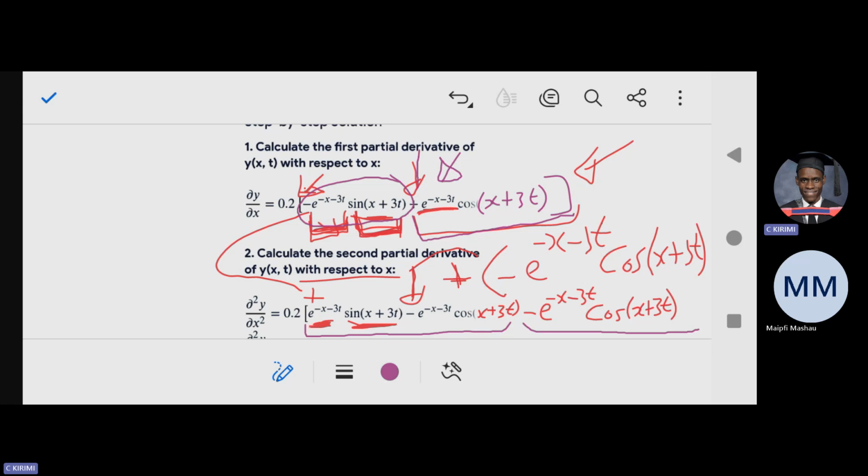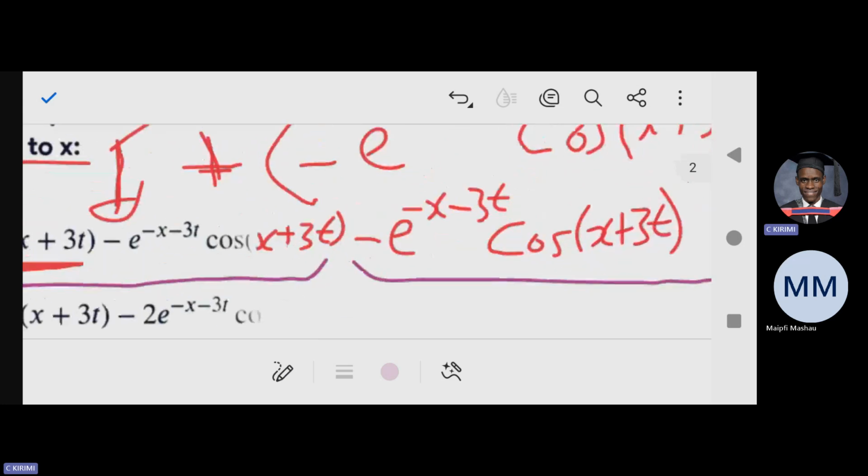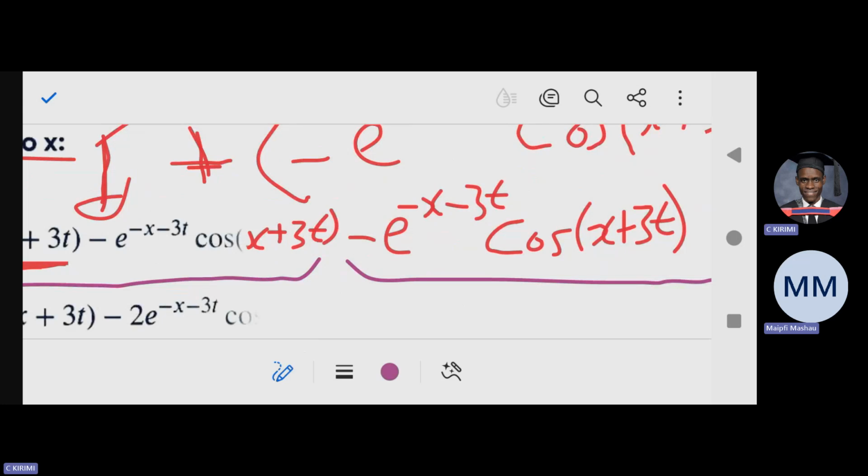Instead of plus, it's affected by that negative from the sine. So it will be minus again. It will be minus e to the power minus x minus 3t. Then where there is cos, now we put a what?